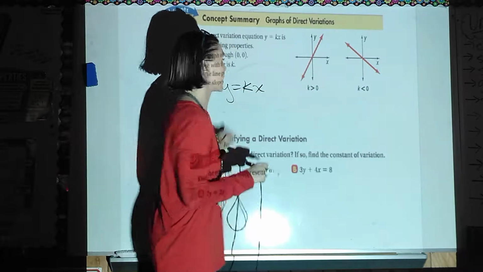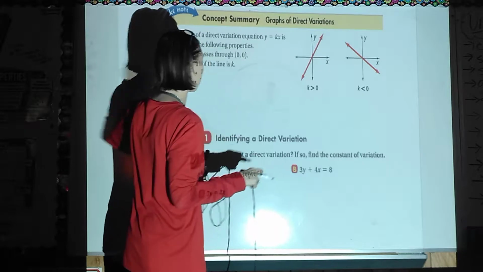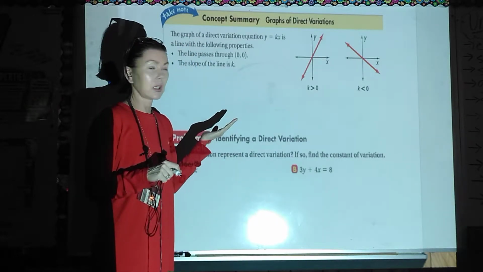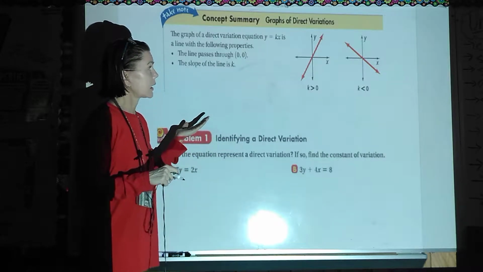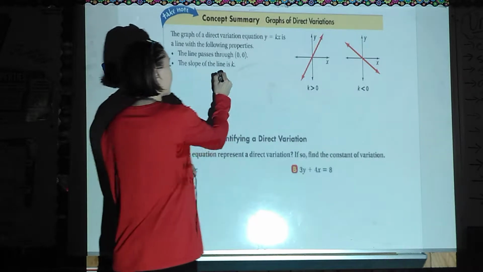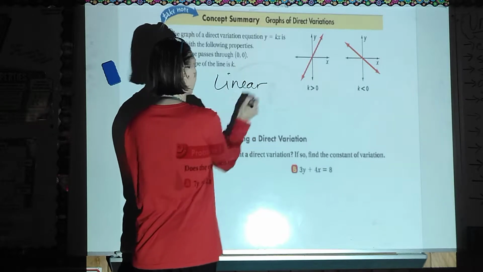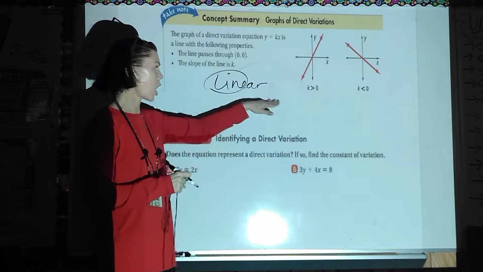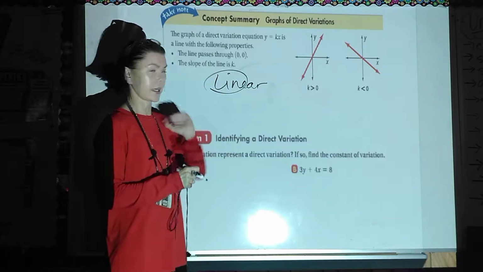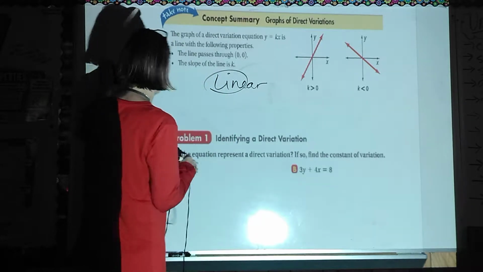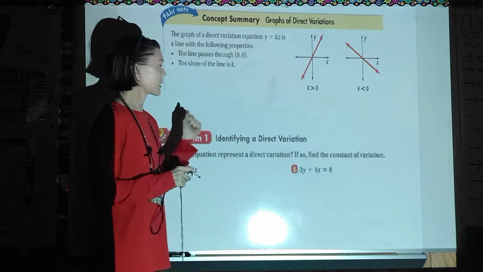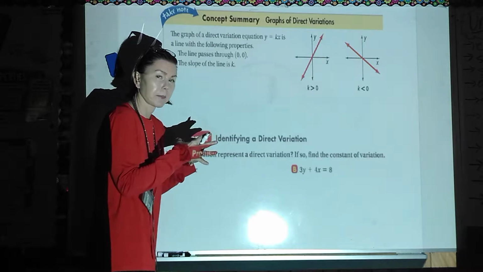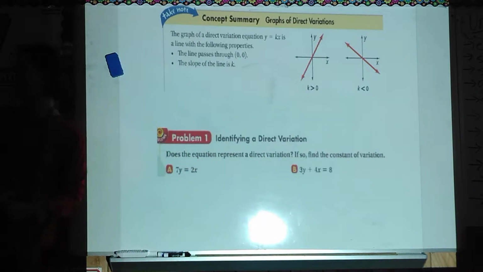As you can see, those two graphs of direct variations are passing through 0, 0, and they are linear. Circle the word line, linear. Lines, linear equations. All right, moving on. Direct variation. So the slope is k. We said that. All right, moving on.